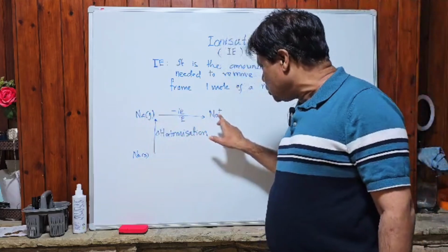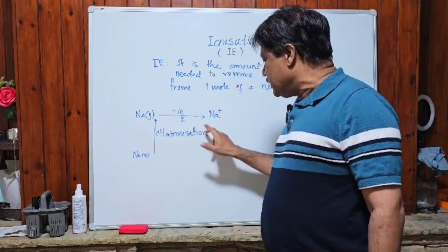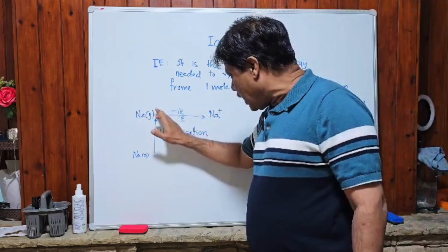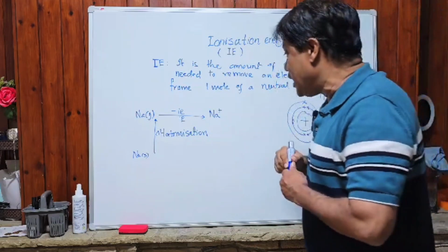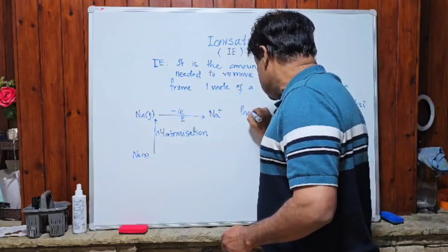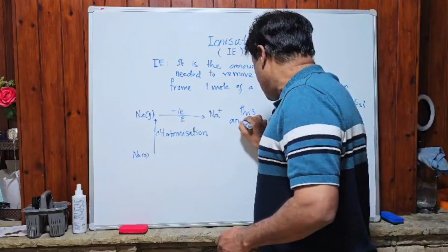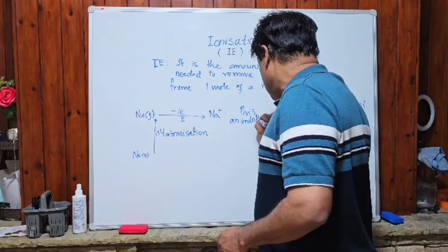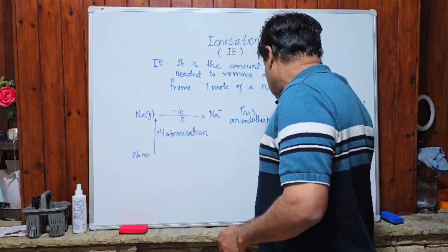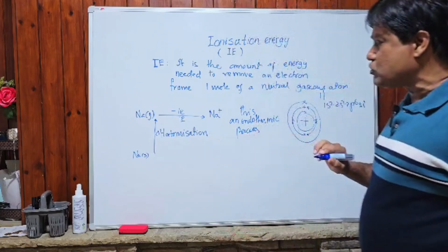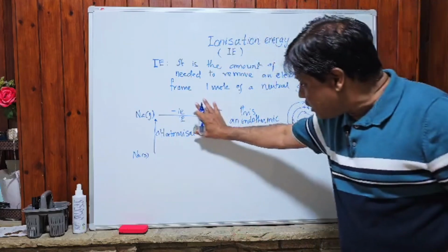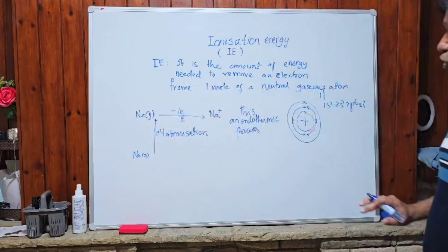From gas form to become cation, the energy needed is ionization energy. It is an endothermic process. Endothermic process meaning we are supplying some energy so that the sodium can give away the electron.